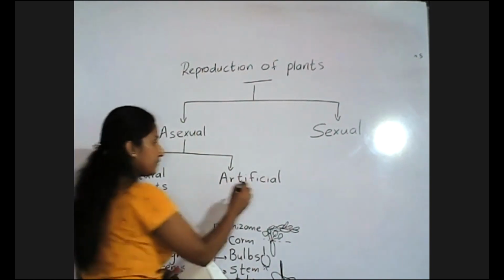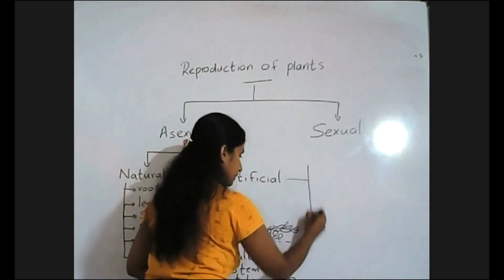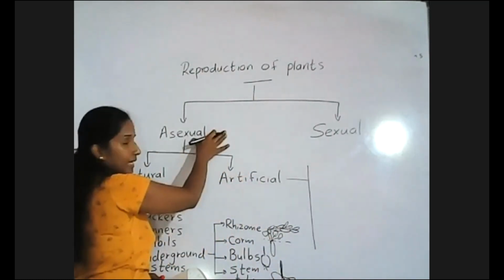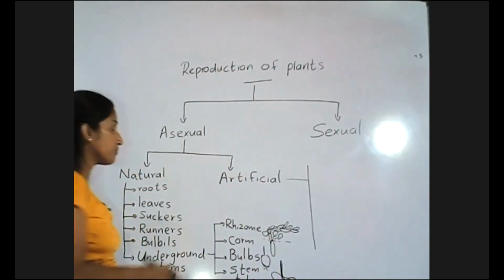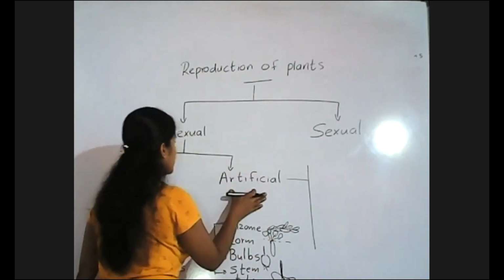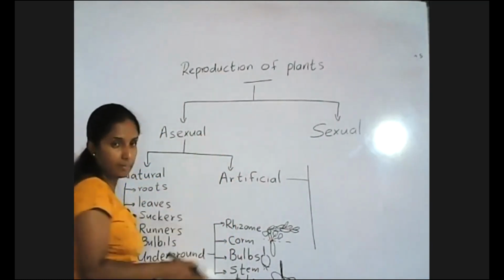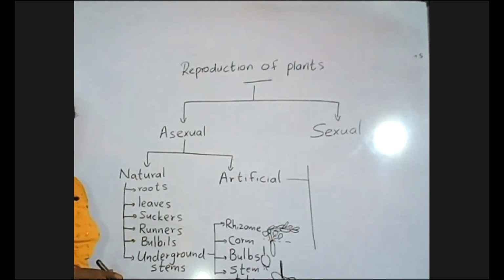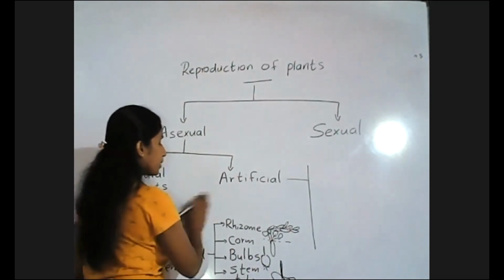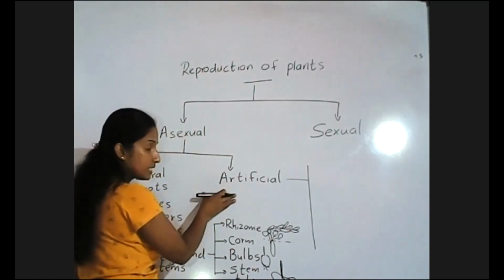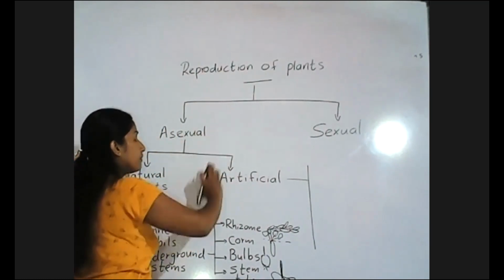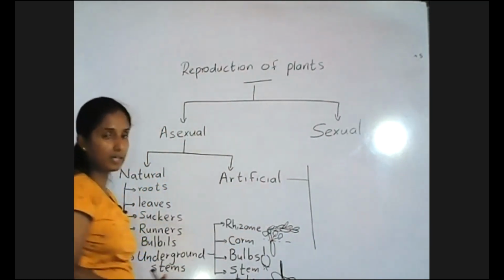Then the artificial methods of asexual reproduction. That means with the involvement of man, we do the asexual reproduction, by using a growing part or a vegetative part of a plant to get a new plant.